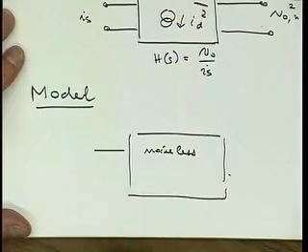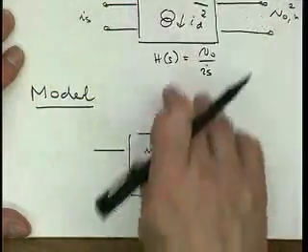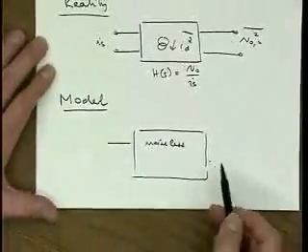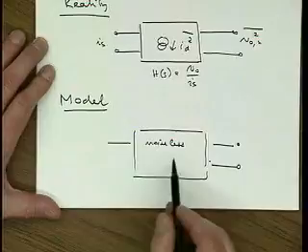So we make a noiseless model of the amplifier. It behaves exactly the same as the real amplifier, but all the noise sources are turned off. It still has an output, V out.